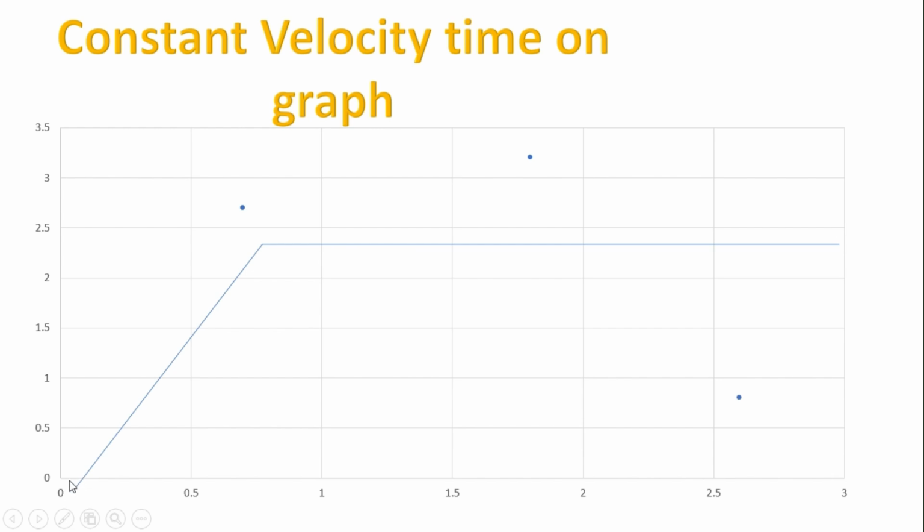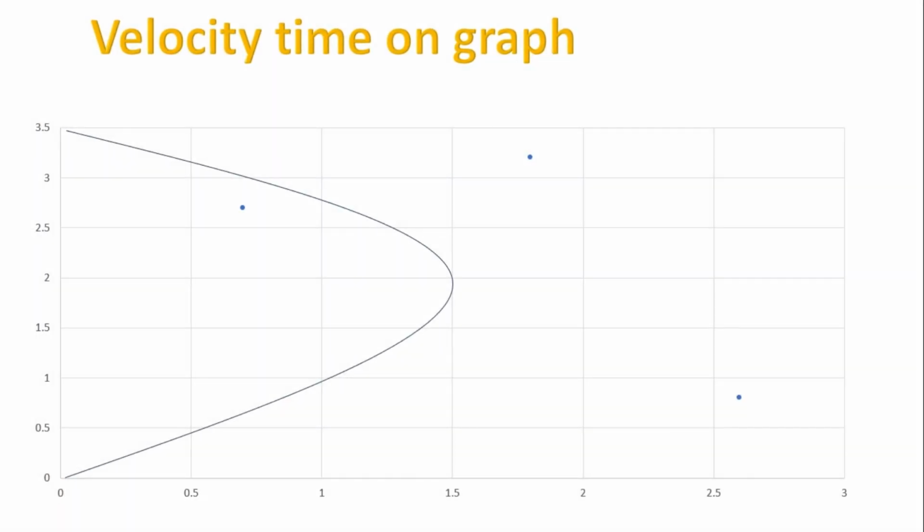Then it remains the same at that value. For example, my arrow is on 0, now it is going up, and when it reaches 2.5, it will remain at 2.5 for the rest of the journey of the object. It will remain 2.5 no matter what.